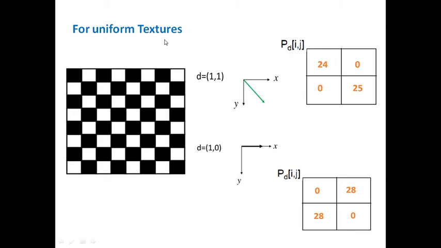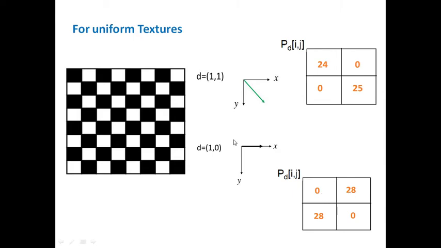So for uniform textures, take d equal to 1 comma 1 here, such that this one is white. 1 represents a white pixel, 0 represents a black pixel. So these are the GLCM matrices.